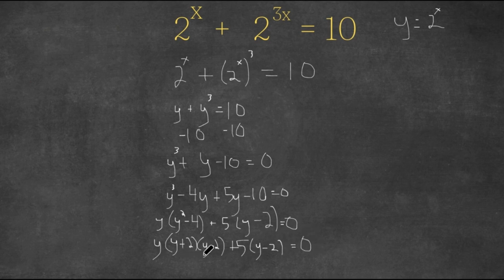And now, as you can see, since both terms have y minus 2 in them, we're going to factor out y minus 2. So if we factor out y minus 2, we get y times y plus 2, plus 5.